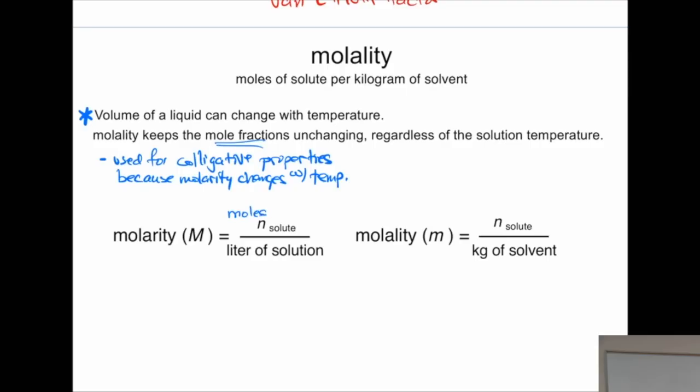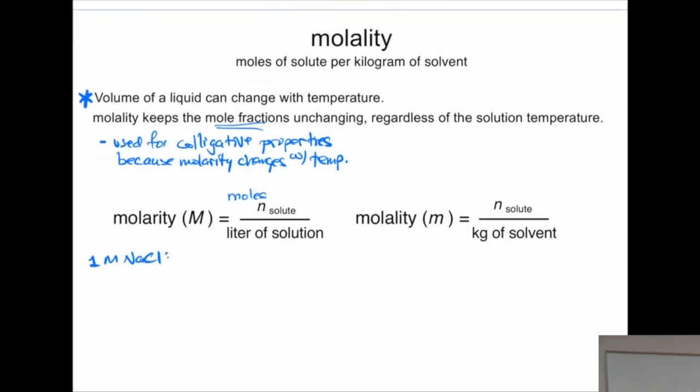So let's say I have a 1 molar solution of NaCl, okay? So 1 molar NaCl. By molarity, that's going to be 1 mole of NaCl per 1 liter of solution.